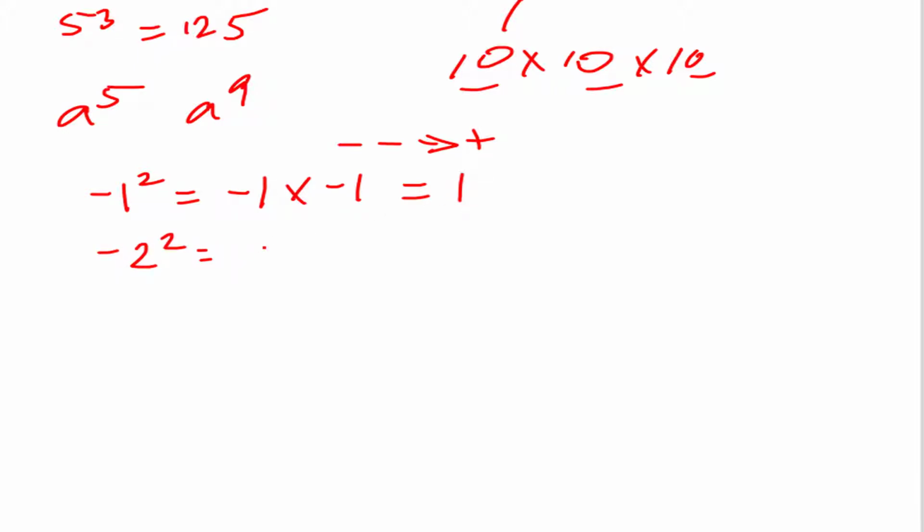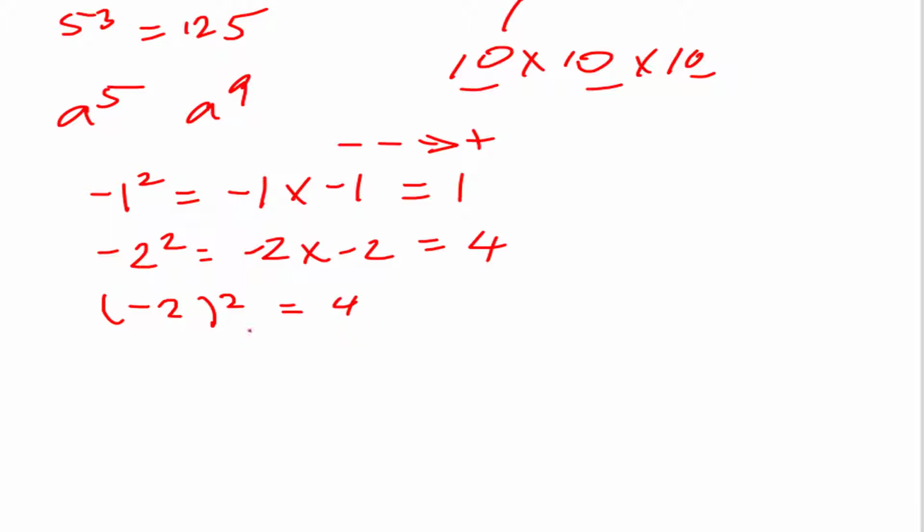Minus 2 squared is minus 2 times minus 2, which is 4. Not negative, but 4. In your calculator, don't forget to put brackets in. That way the calculator doesn't get confused by which order to do it in. So if I was using a calculator, I'd put brackets in first, then I'll square it.